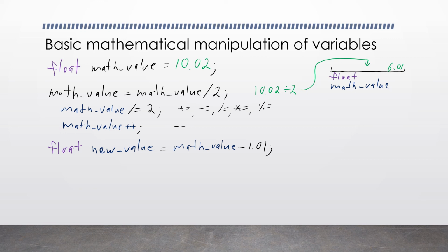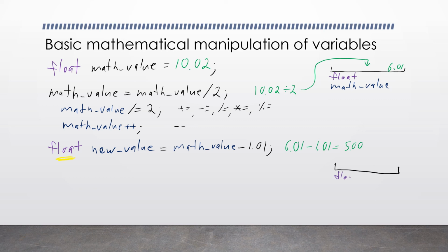Okay, and that's going to take my current value, 6.01, subtract 1.01, and get 5.00. And it's going to store it because we've used a float keyword to declare a new value. We're going to create a new memory location here.